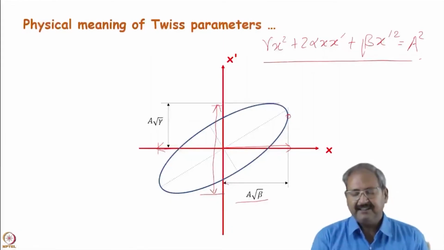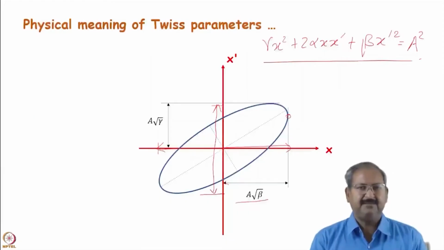So in angle, the maximum excursion of betatron oscillation at a particular location S, I'm always talking about a particular location, because at another location this ellipse will be different, because gamma and beta at that location will be different, because beta and gamma are functions of S. However, the area of this ellipse at that location will be the same as the area of this ellipse here, because area is an invariant of the motion.